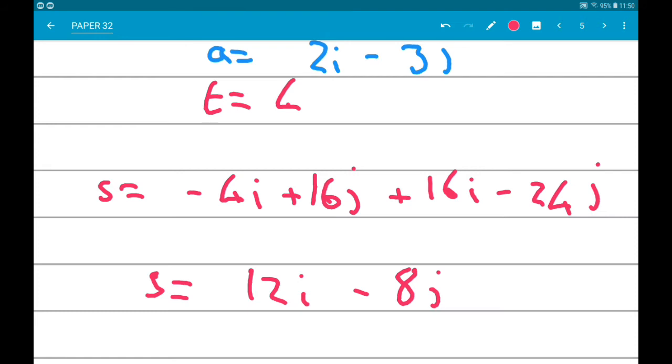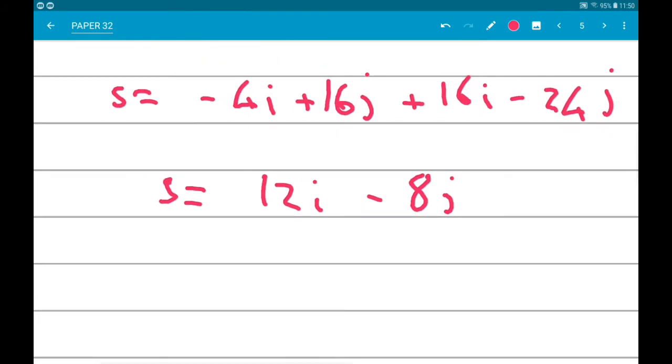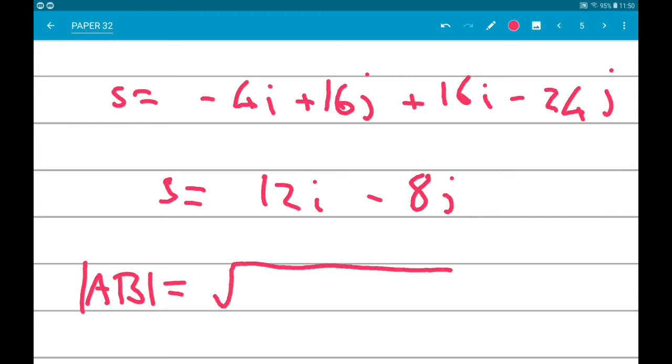What we want is the distance, so the length AB is the modulus of S. So the square root of 12 squared and 8 squared. Doesn't matter that it's a minus 8 because we're squaring it.